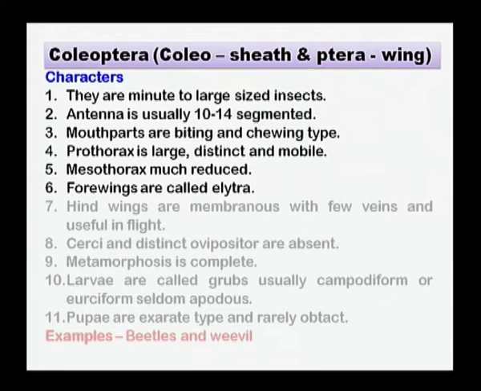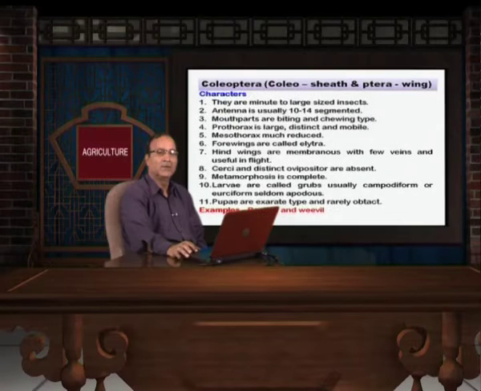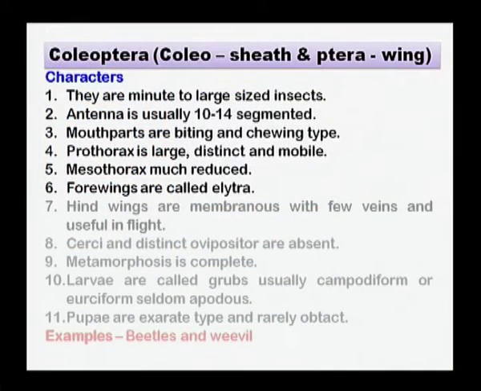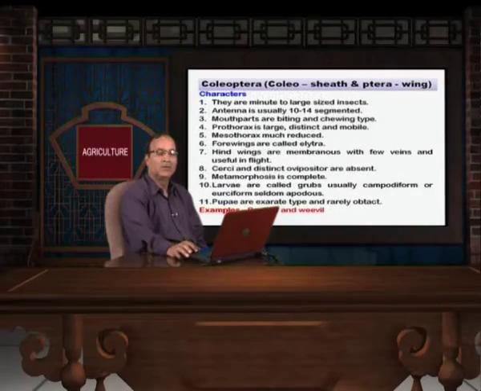It means the body of the insect is covered mainly by the hard pro wings or forewings. Hind wings are membranous but have very few veins. However, they are used in flight.